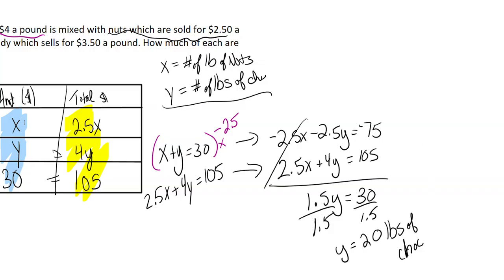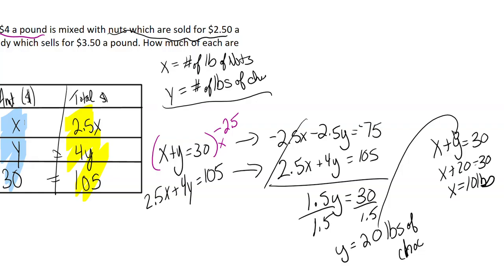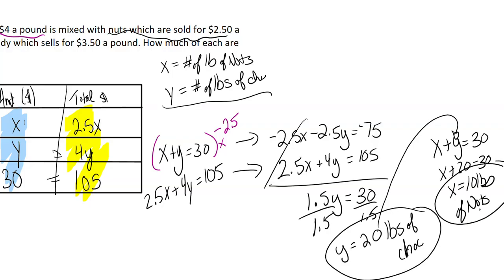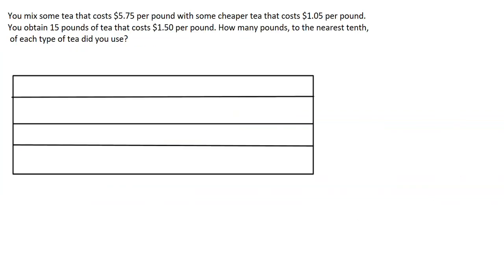If I backtrack it into my equation, x plus y equals 30, and I plug in 20, we're going to find out that there's going to be 10 pounds of mixed nuts. So in order to create 30 pounds, I would need 10 pounds of mixed nuts and 20 pounds of chocolate.